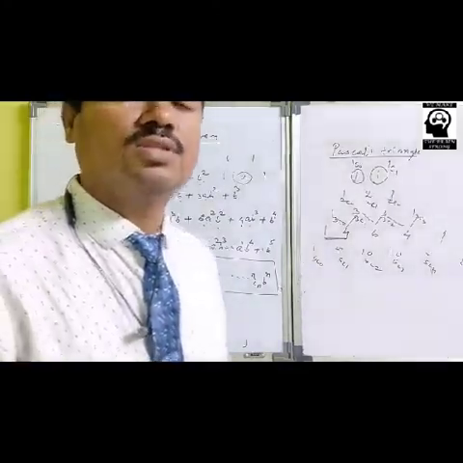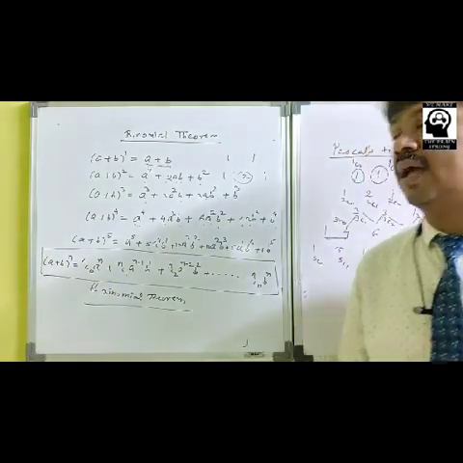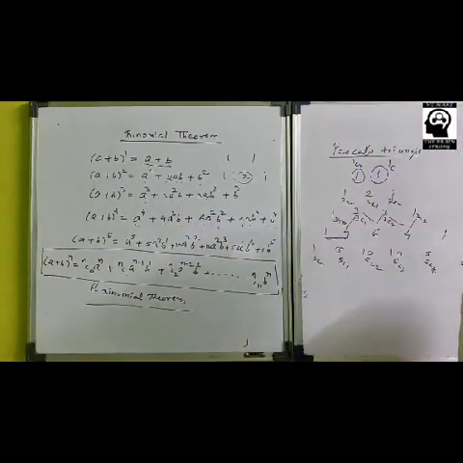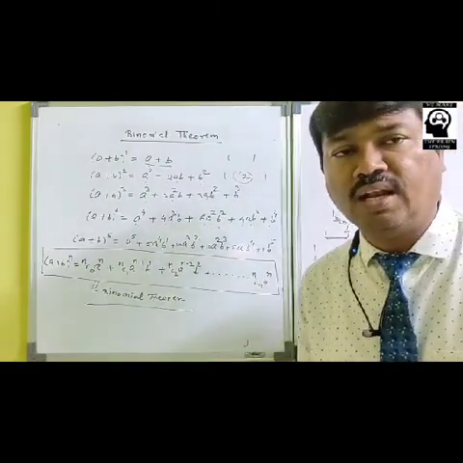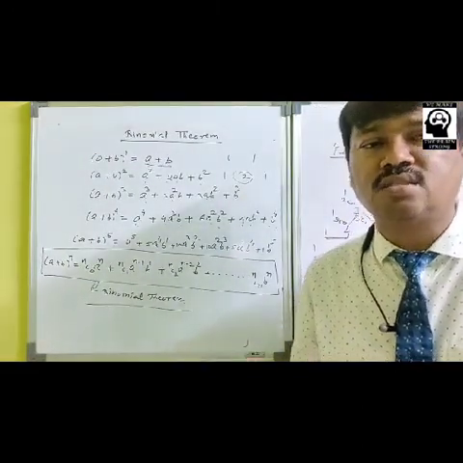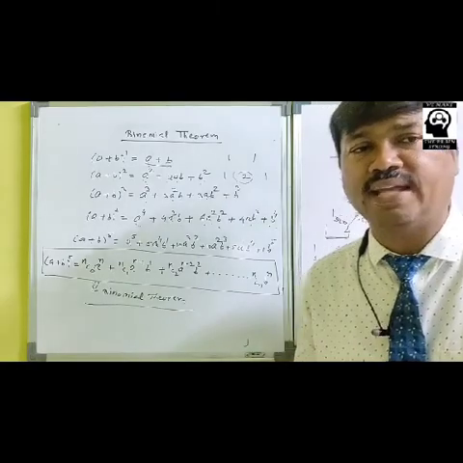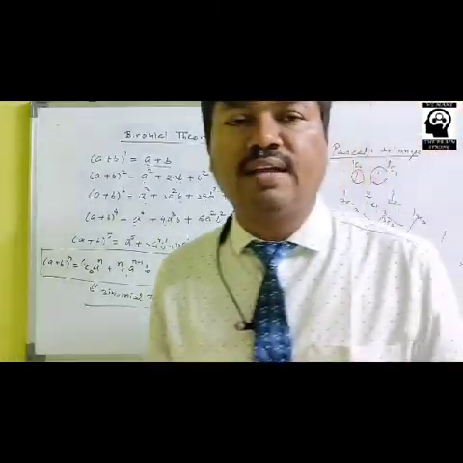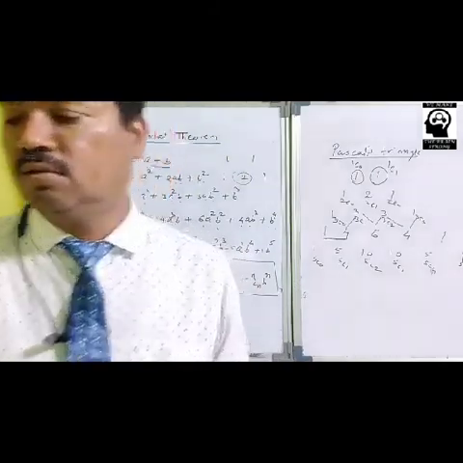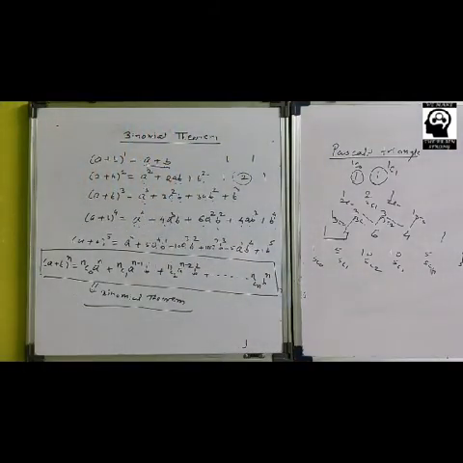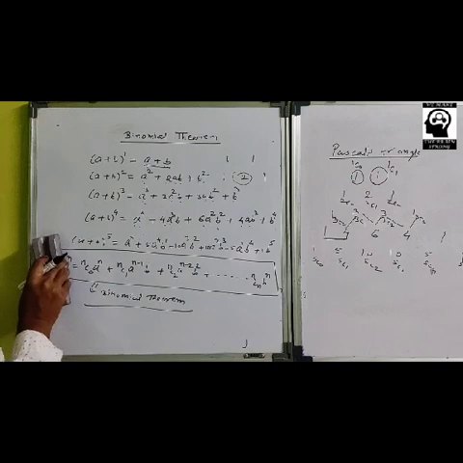It's a very simple concept and a very simple formula, and we should know how to find the coefficients for a higher power. If the power is very large, we should know how to find the nC0, nC1, nC2 values. So how do we find their values? We'll go with that.